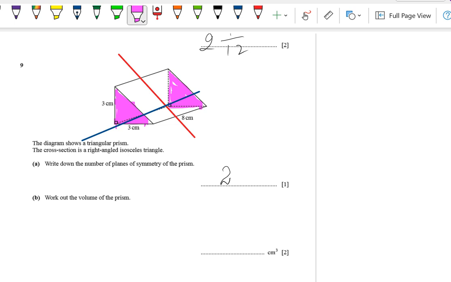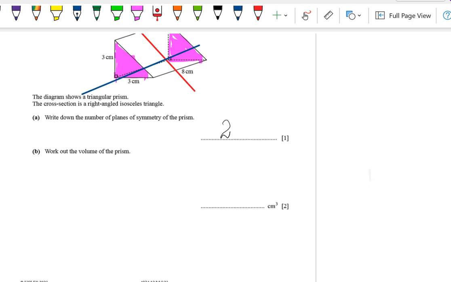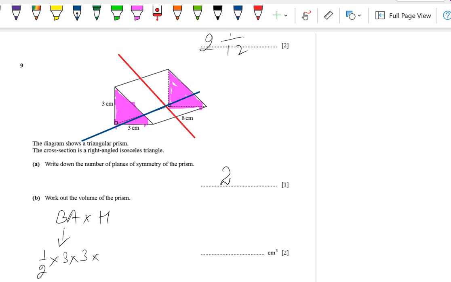So this should be your base area, and this is a triangle. So I'll use the formula for triangle to find my base area, that is base into height, and the distance between the identical first and last face is actually considered as your height.